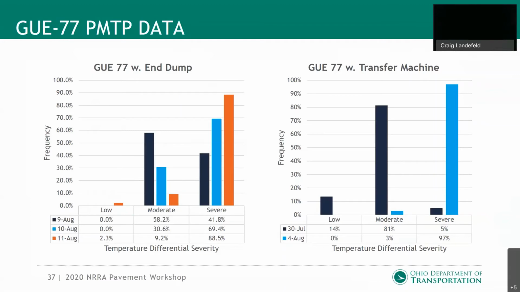And if you operate a transfer machine improperly or have highly segregated mix coming from the plant, you may not be able to overcome that. And here's an example of that where the transfer machine wasn't a cure-all. It definitely had issues that day as far as the thermal profiles that it was putting out.